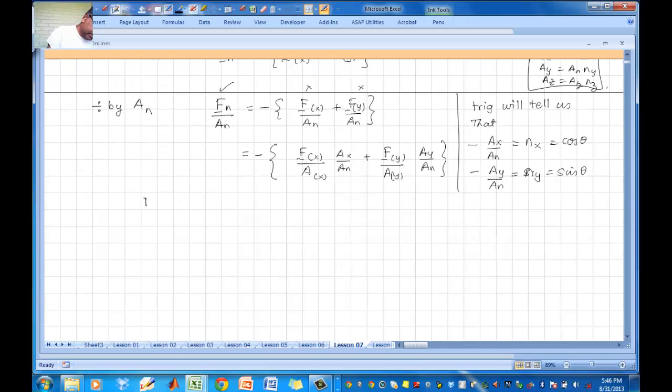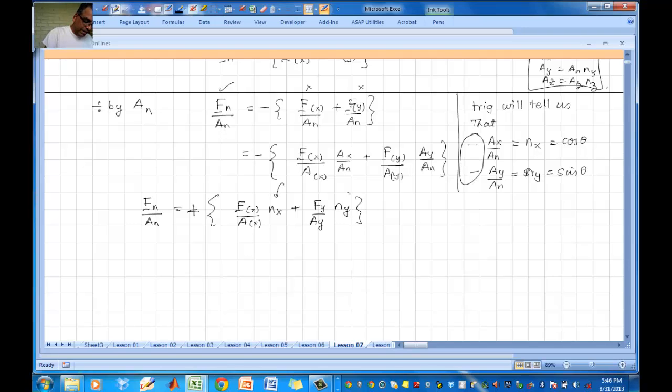It gave us Fn over An equals Fx over Ax nx plus Fy over Ay ny, so there is no more minus here, that has become plus because of this. So this minus sign is hidden in nx and ny.